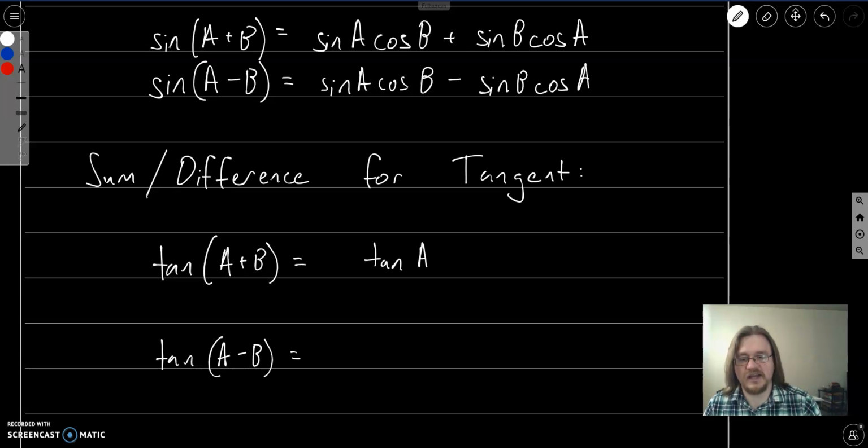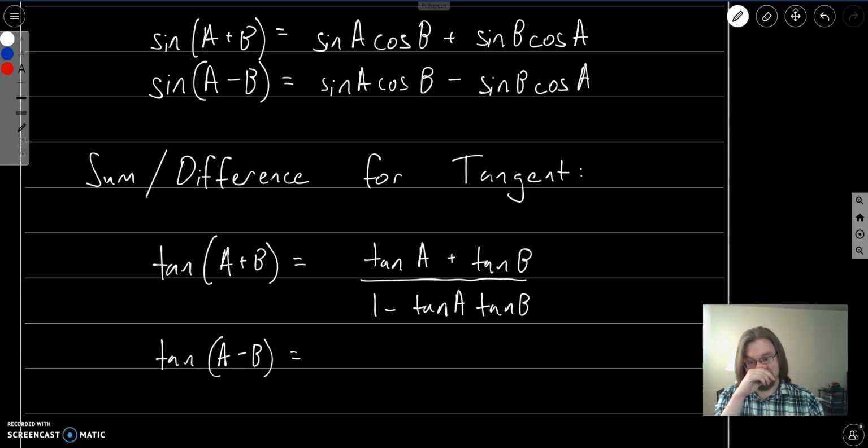So this is going to be tangent of A plus tangent of B divided by 1 minus tangent of A times the tangent of B. So this is our formula for tangent of A plus B. We just get tan A plus tan B over 1 minus tan A times tan B.